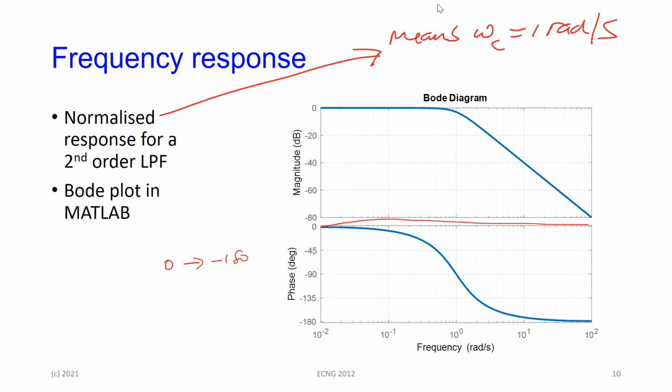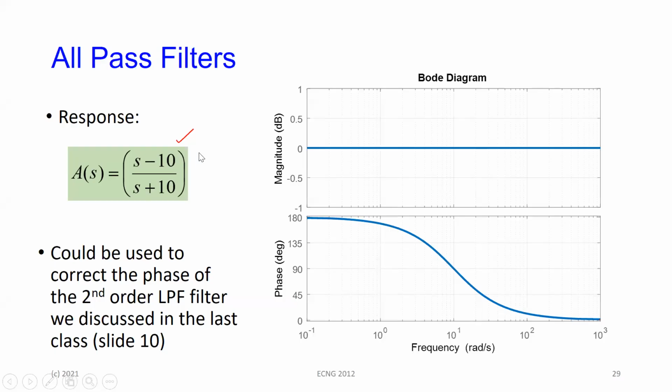Let me stop this and come back to the example I just showed you here. Look at this filter. The phase shifter or the all-pass filter is going from 180 degrees to 0.